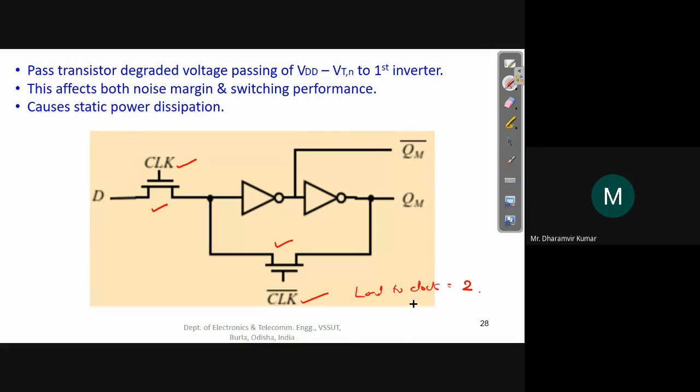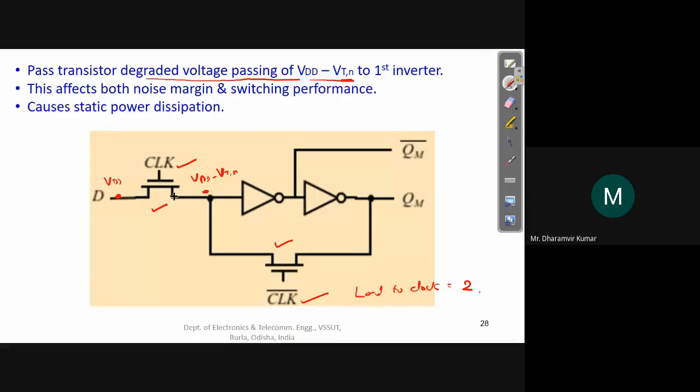But what happens when we use a pass transistor? We know the limitation of pass transistors, right? Beware that it degrades the voltage when it passes it. It degrades by an amount equal to its threshold voltage. So the voltage at the output would be lower than the voltage at the input. If this is VDD, you will get here VDD minus VTN, because this is an NMOS transistor.